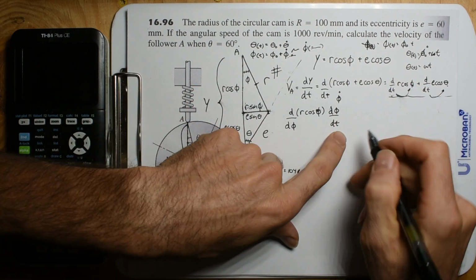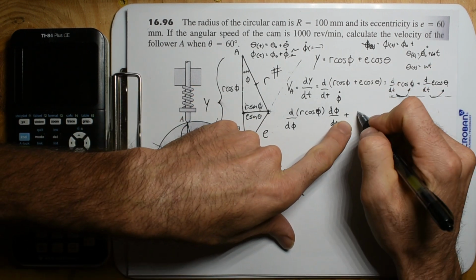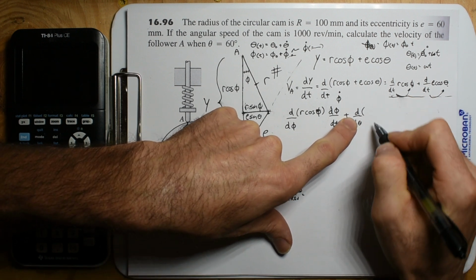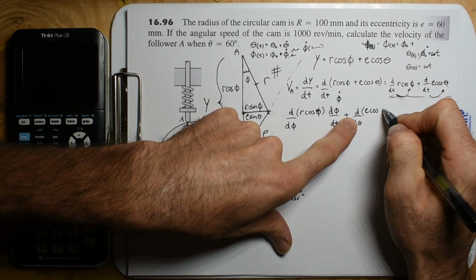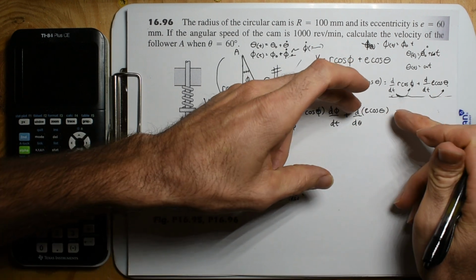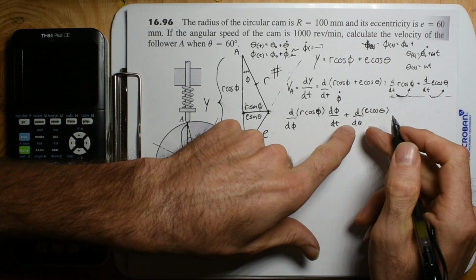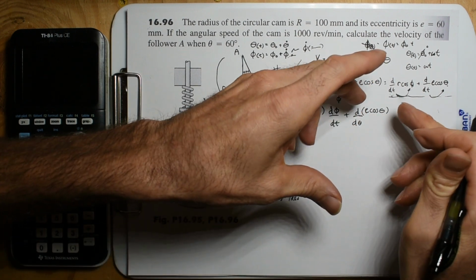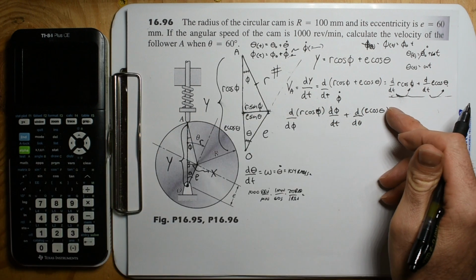And then we're going to add it to d theta, so we're going to differentiate e cosine theta. If you put it in parentheses, this is the function you're changing. With a 1 degree change in angle, how much is this changing?